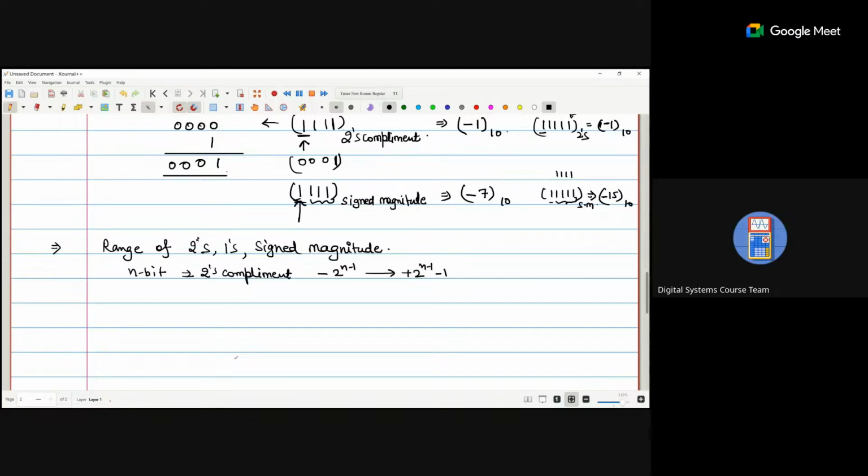That means if we have 4-bit data, according to two's complement we can represent the range from minus 8 to plus 7. If you put n equal to 4, you get the range minus 8 to plus 7. That means if any number is in this range, in two's complement we can represent that number with 4 bits. Clear?